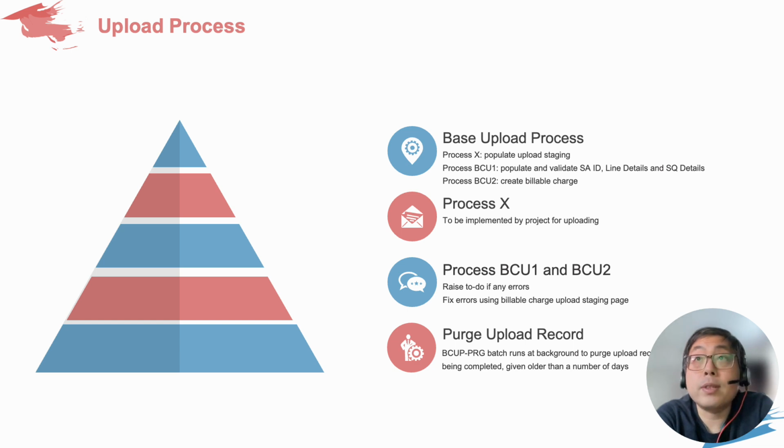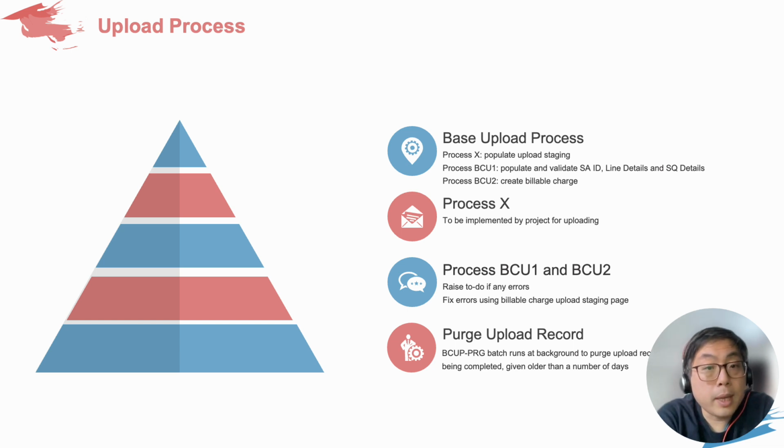That's the first step. The second step is BCU1, which is a batch control. Normally what that does is it validates all the information in the staging area before it gets processed.